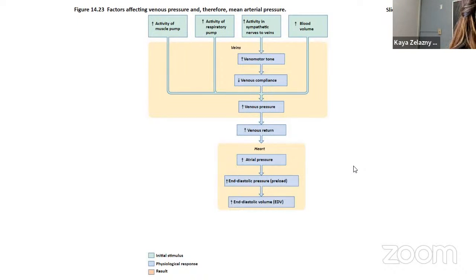This is a very linked concept, so an increase in end diastolic pressure goes hand in hand with an increase in end diastolic volume. So that amount of blood in the heart at the end of its filling phase, at the end of its relaxed phase. And if we have more blood in the heart as it's filling, this means we can pump out more blood, right?